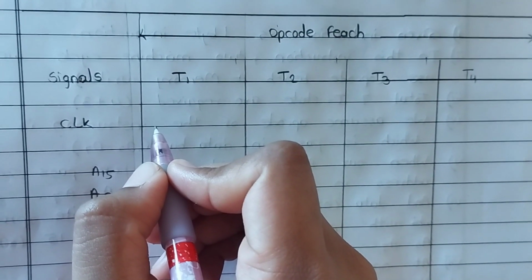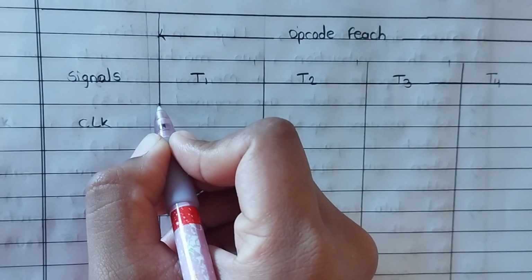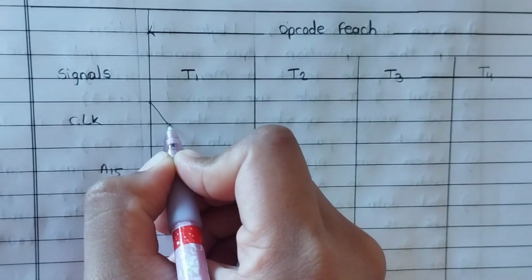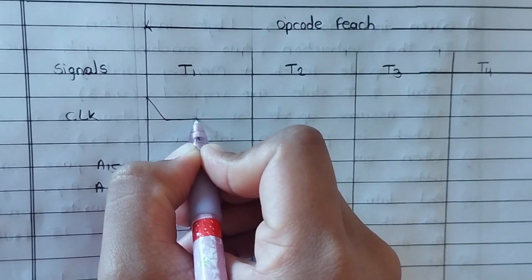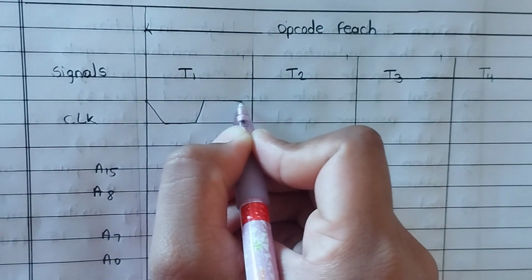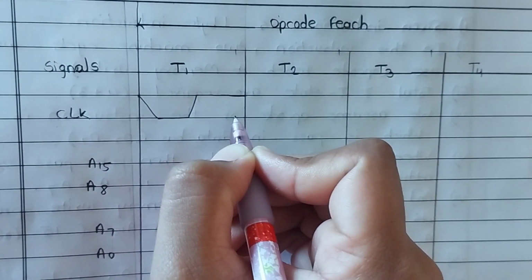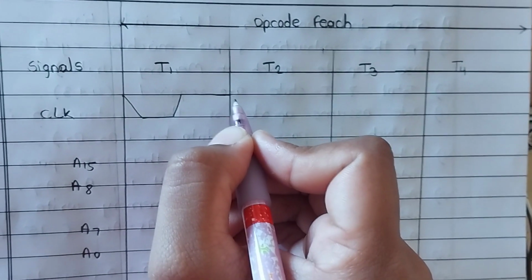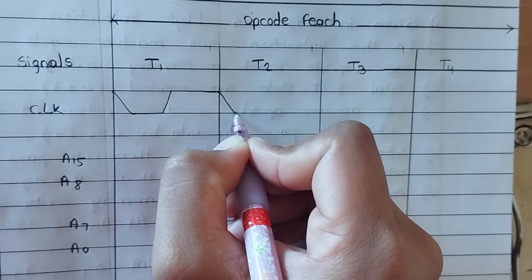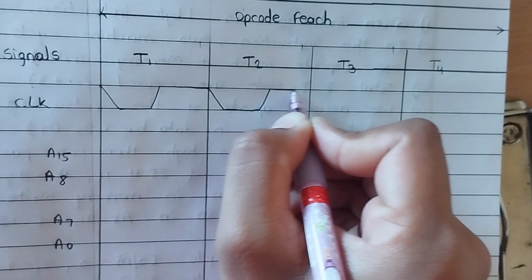The clock signal drawing is the same for all the machines. So first we go in the direction of decrement, then go to the increment, and that ends the first T state. Then again we repeat the same cycle. First we go to the decrement, then go for the increment.